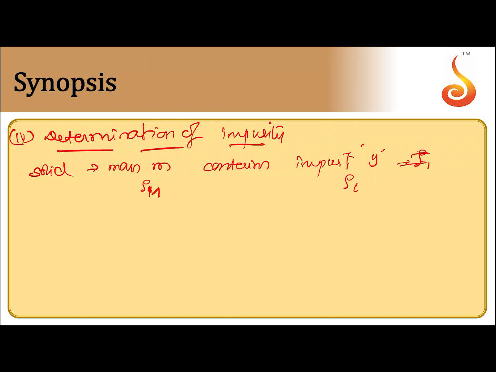Then we can write the volume of impurity, V1, is Y divided by ρ1. The volume of pure metal, Vm, is m minus Y divided by ρm.